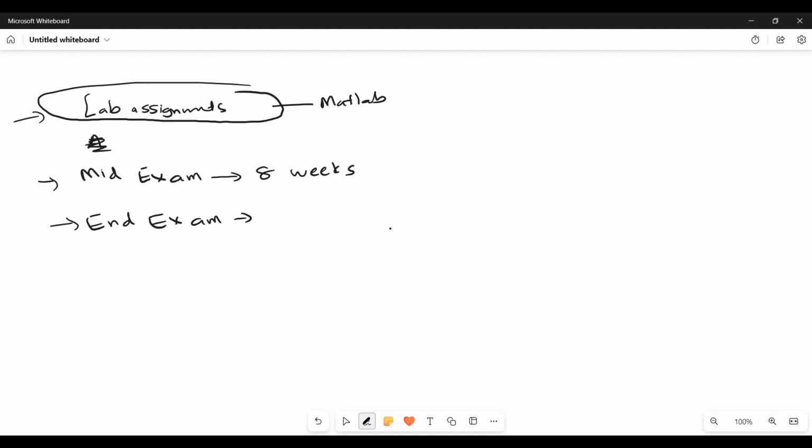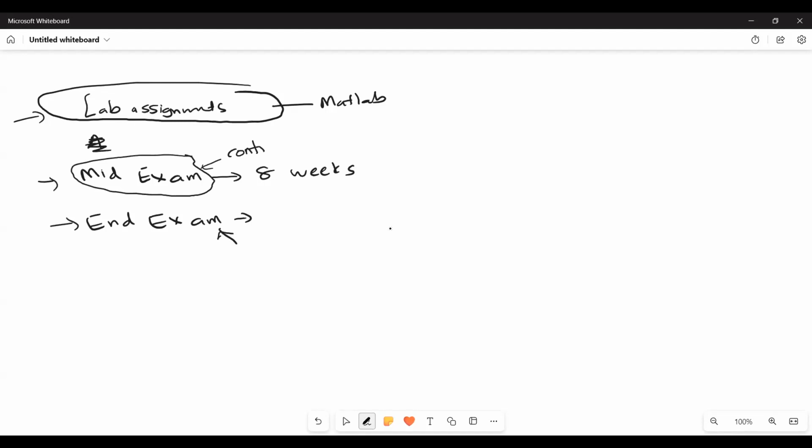The mid exam is done during the lecture time. It is like a continuous assessment sort of thing. So for the mid exam, of course, you don't have to repeat.